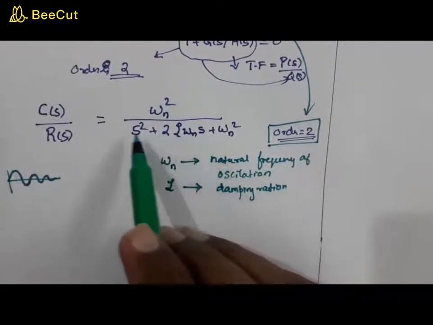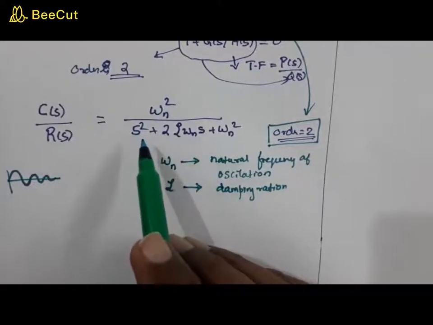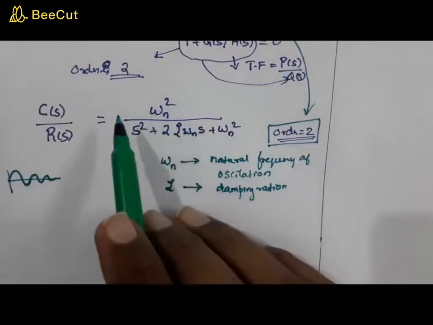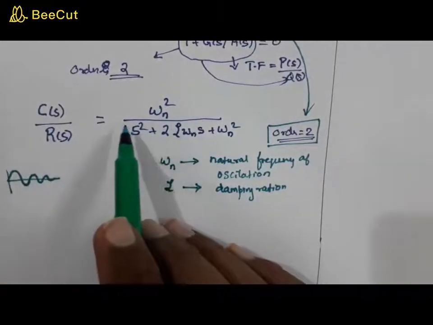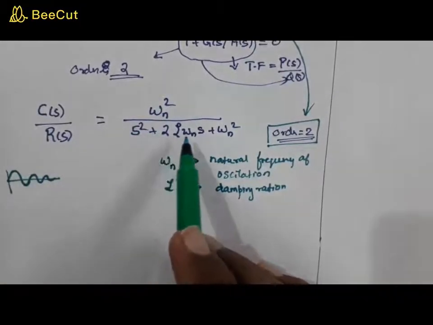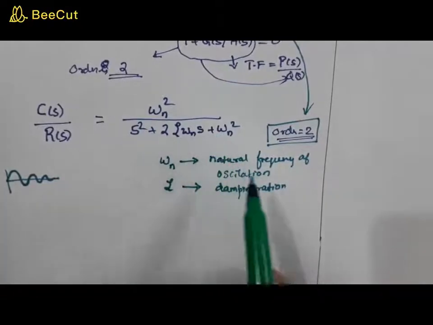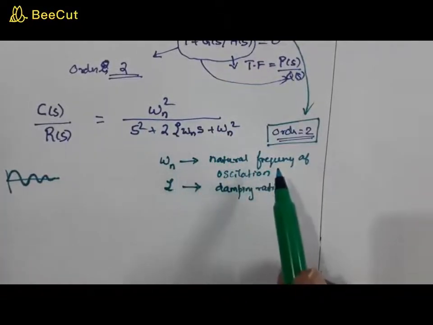So these are the two parameters that you can see in this second order transfer function, where I again repeat, C of S by R of S is equal to omega n square by S square plus 2 zeta omega n S plus omega n square. Omega n is the natural frequency of oscillation.